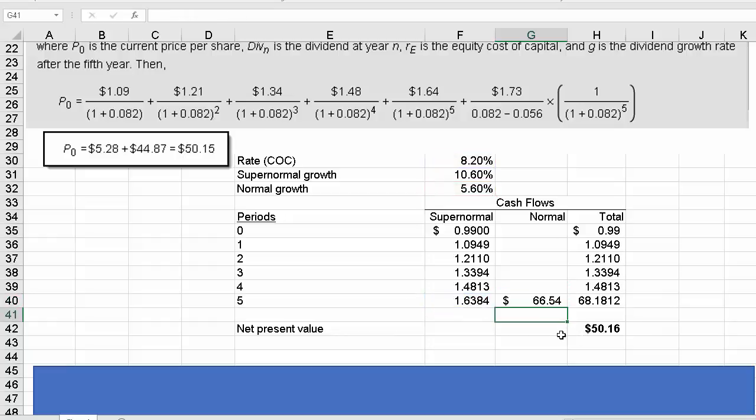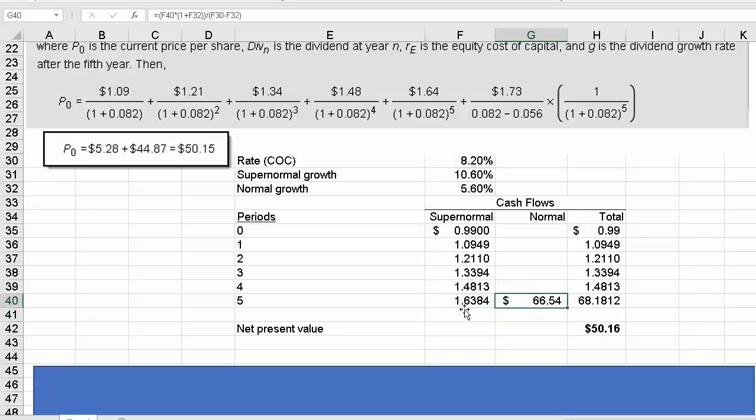Now, so what I'm doing is I'm saying I have to take the $1.63 we're expecting at the year 5, calculate what the dividend will be at the end of period 6. That's where I'm getting the F40 times 1 plus F32. So I'm taking the 5th year dividend and then saying that's going to increase this time by only 5.6%.